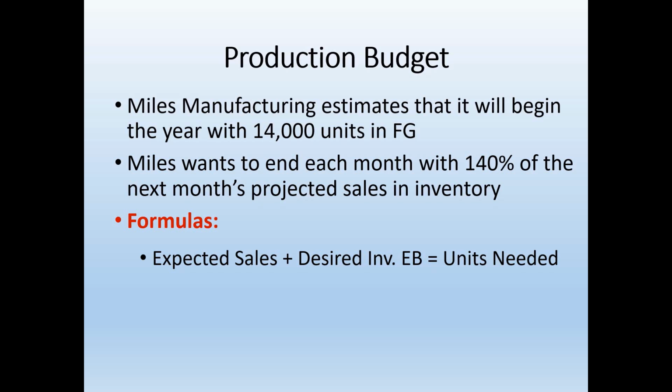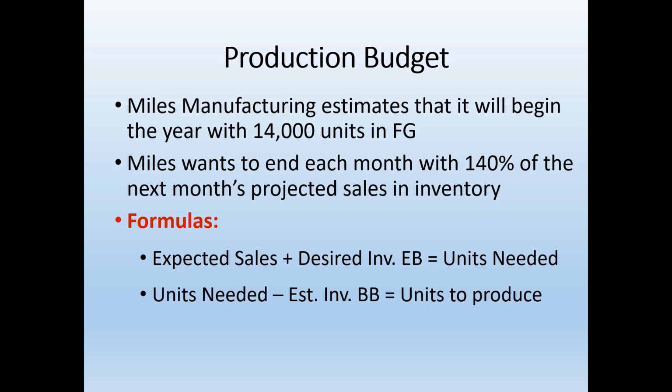If a firm expected to start the month with nothing in its finished goods ending balance, then the firm would have to manufacture all of these units during the month, some to sell and some to have left over at the end of the month.